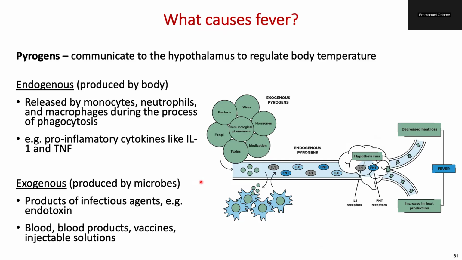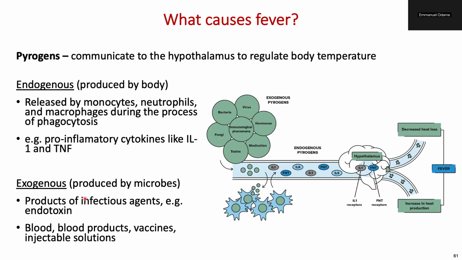We have the endogenous, which is produced by your body itself. It's released by monocytes, neutrophils, and also macrophages during the process of phagocytosis to tell your body to heat up and make the place uncomfortable for any foreign pathogen present. And this is mostly done through cytokines such as interleukin and TNF.